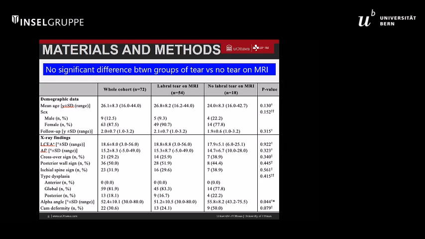So here's the cohort of those 72, mean age 26. No significant difference in the patient profile between MRI tear or no tear in terms of radiographic measurements. The only aspect was the alpha angle, which is a bit higher in the no labral tear group, but that is inconsequential, and presence of cam deformity was comparable on both sides.